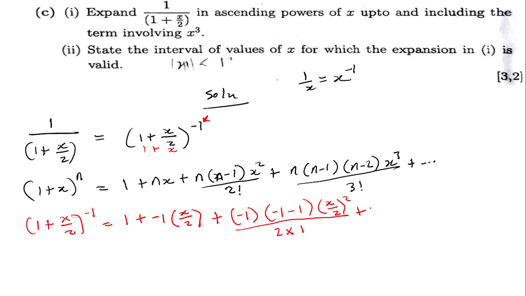Then you say plus, n is still negative 1, then negative 1 minus 1, and then negative 1 minus 2, and then you have (x/2) cubed over 3 factorial, which is simply 3 times 2 times 1, and you say plus infinity there.